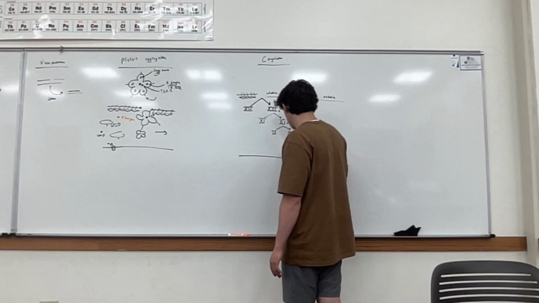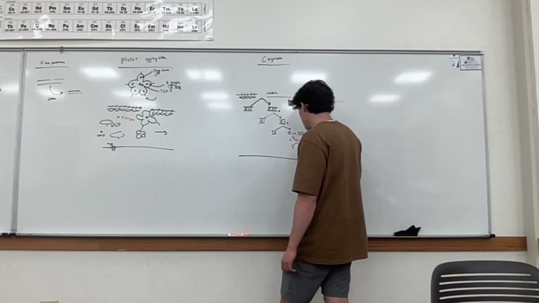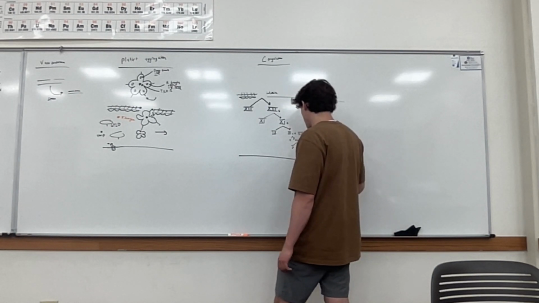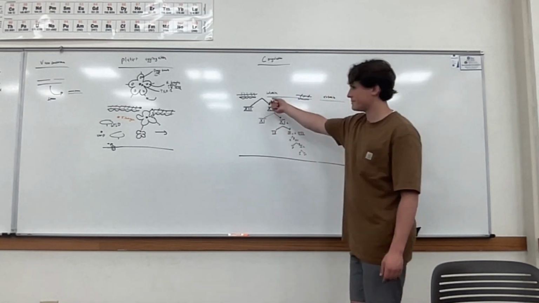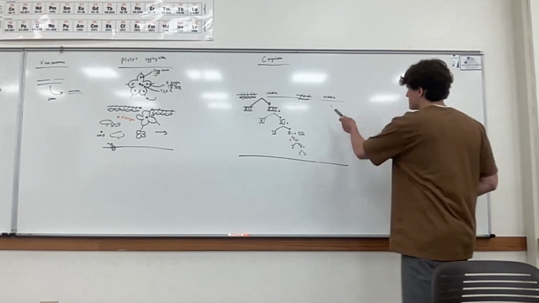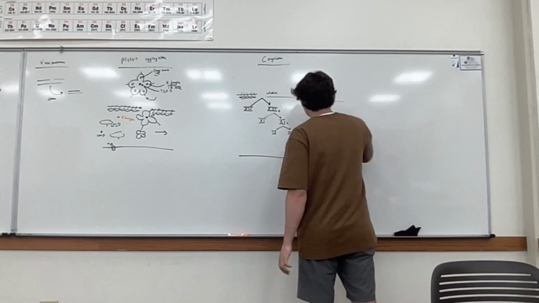This one's converted from a 2 to a 2A, and then from a 1 to a 1A. And once we get this protein, we fix these. Now, the big difference between intrinsic and extrinsic is just what starts the cascade.